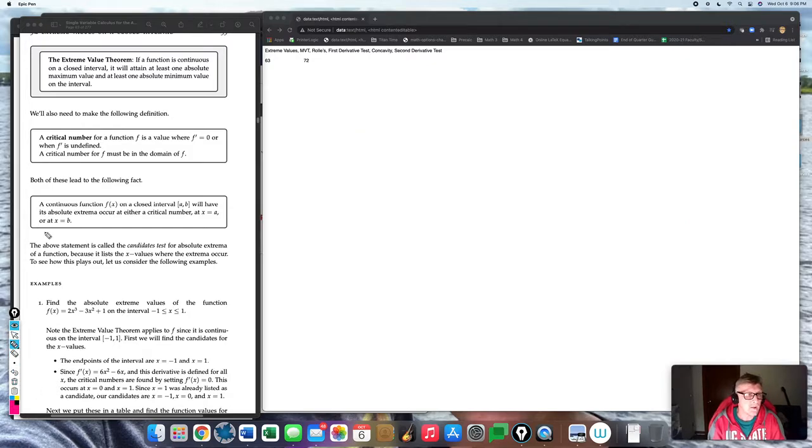Now, both of these lead to the following fact. A continuous function on a closed interval a to b will have its absolute extrema at either a critical number, at x equals a, or at x equals b. So let me go back to the picture that I drew earlier, the cubic function. And remember, I drew a box somewhere, right?